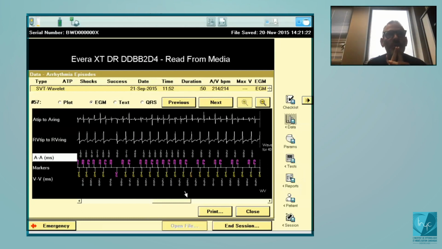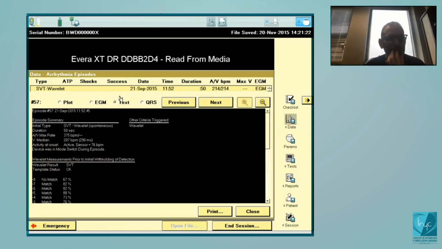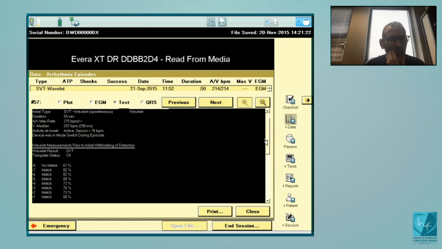But if the PR logic says this is a dual tachycardia with atrial arrhythmia but stable rhythm, diagnosis of VT, then that's the time where there's going to be analysis of the wavelet. Okay? And then there is a correction here, because the wavelets, if you have a look now to the text, you see that a lot of cycles are a match. You see, you have more than 3 cycles that are considered as a match. Therefore, the wavelet will correct the diagnosis and say that's a SVT.